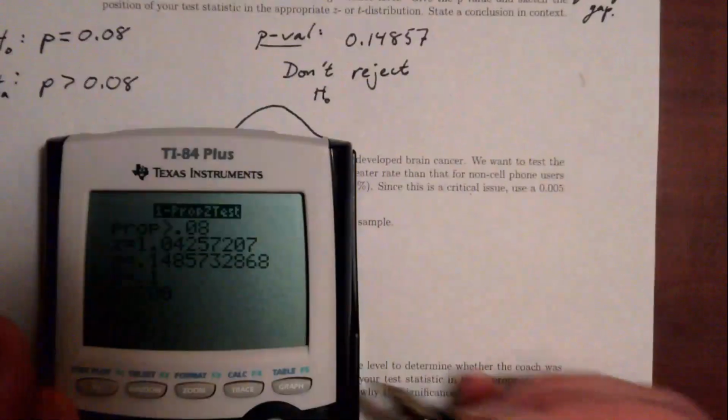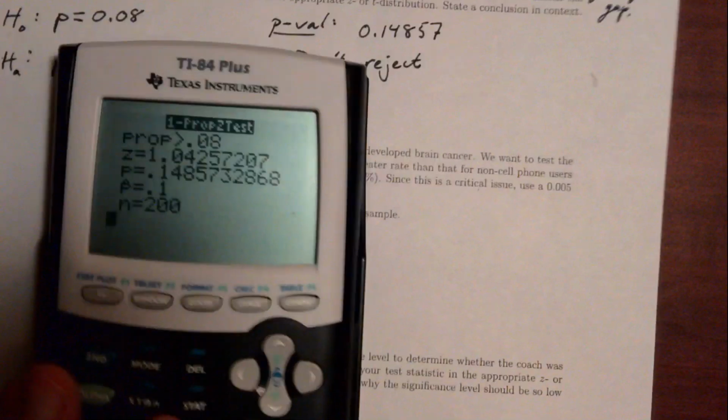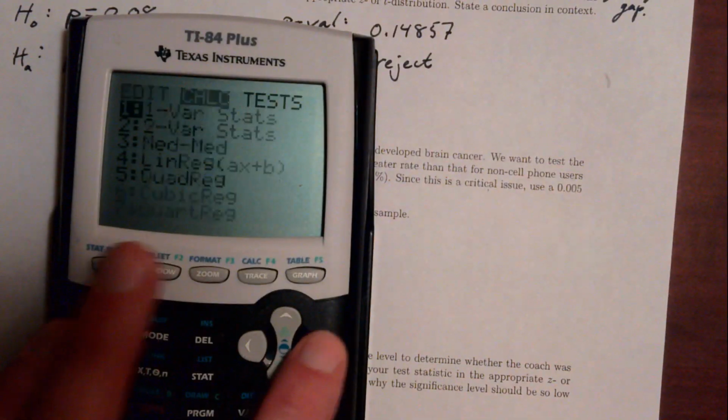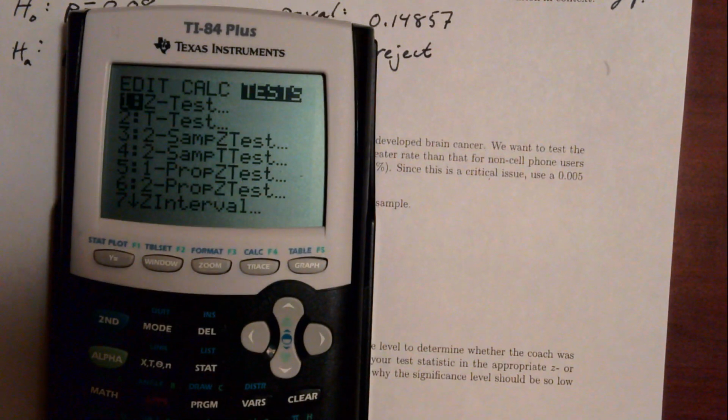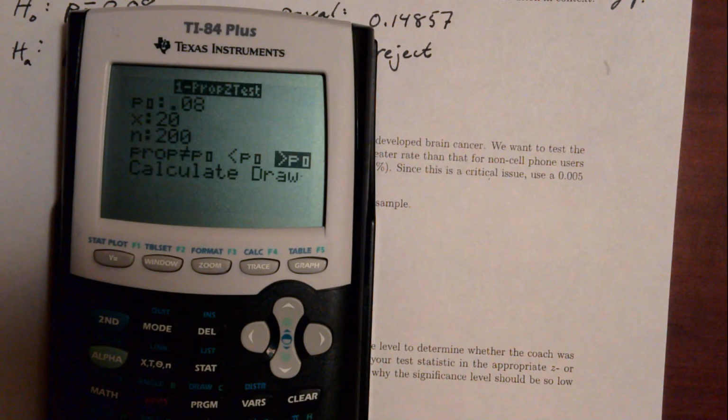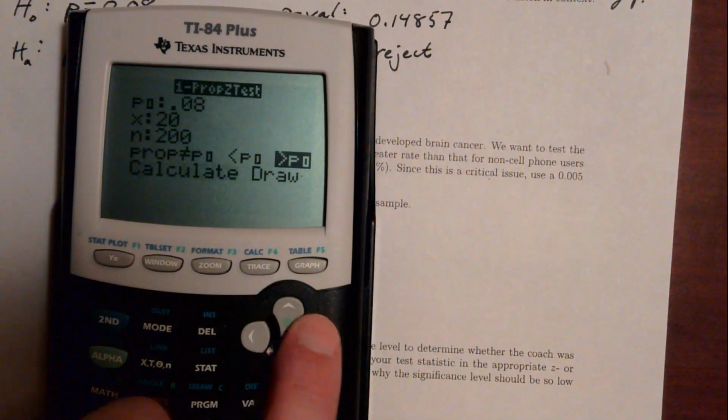So just go back to stat, go back to tests. And by the way, if you can see which one it is that you want, you can just type the number too. You don't have to actually scroll down each time. So here it's going to be 5 is the option we're looking for. And then you go down, go to draw.